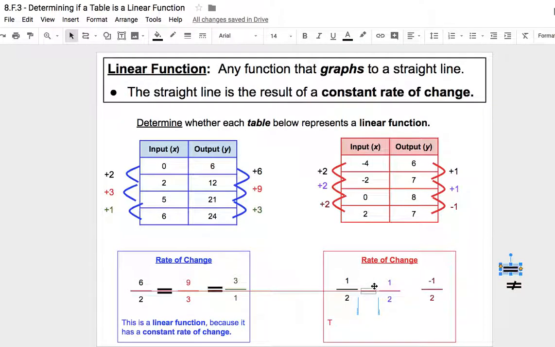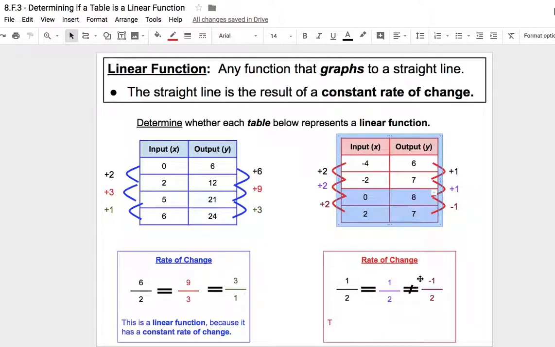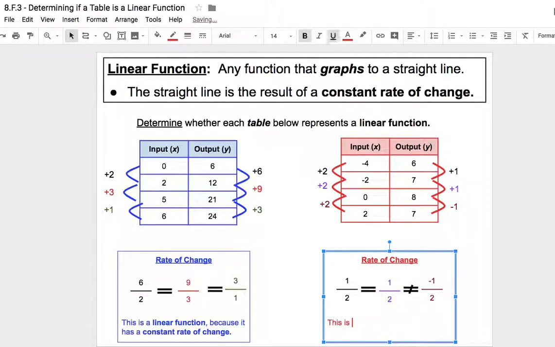Now at the beginning we saw a constant rate of change, but as soon as we see one pair of rows that does not have a constant rate of change compared to the rest, we know this function won't be linear. It's not going to make a straight line on the graph. This is not a linear function, something we could call a nonlinear function, because the rate of change is not constant.